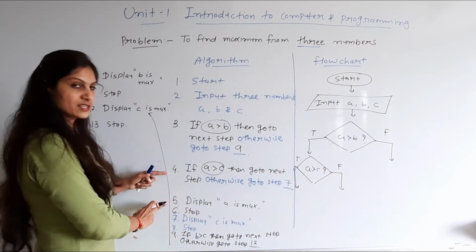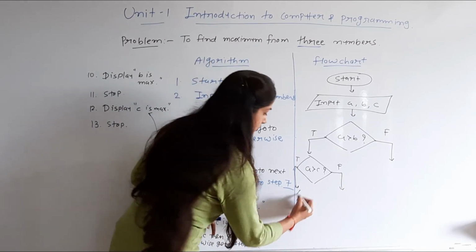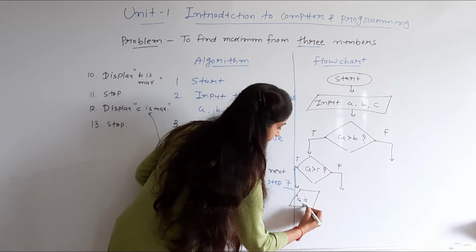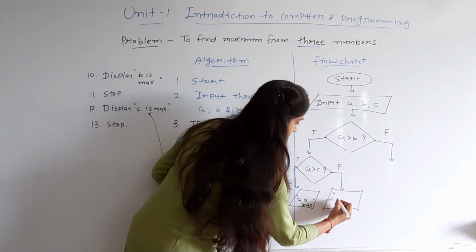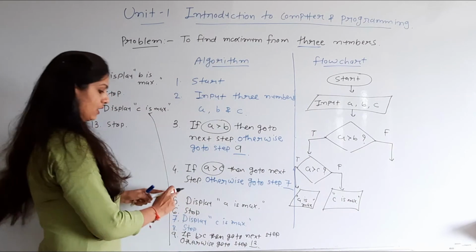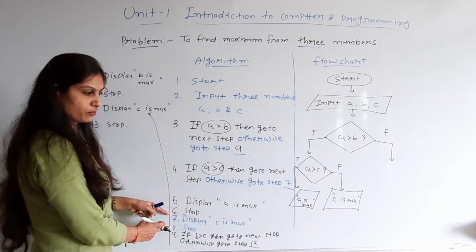True means the next part, that is the 5th, A is max and stop. So here first display A is max, and here C is max. Now after the 5th step stop is there, after the 7th step stop is there.